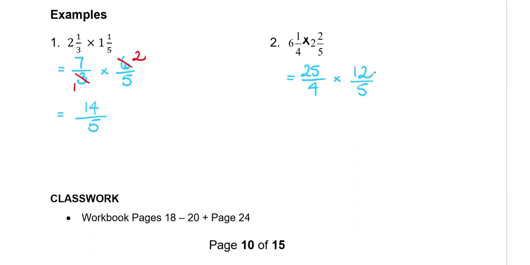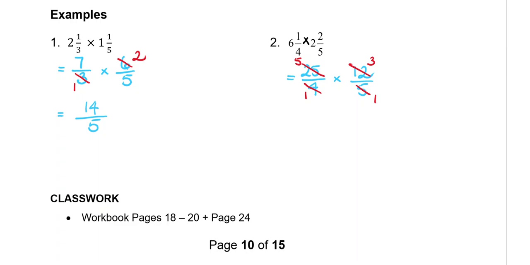Second thing, cancelling. 25 and 5, I can divide by 5. 25 divided by 5 goes 5 times. 5 divided by 5 goes once. And the other diagonal, 4 and 12, Max? 4, which will give 1 and a 3.